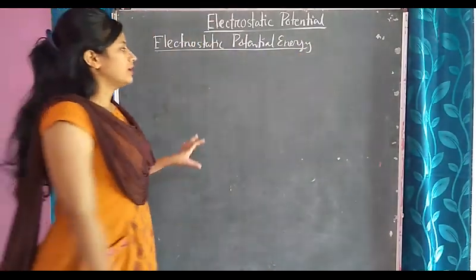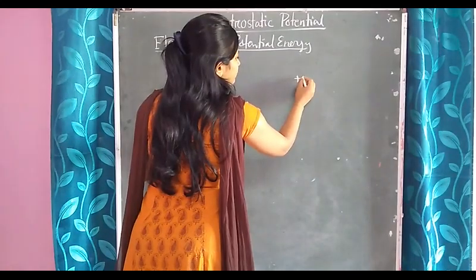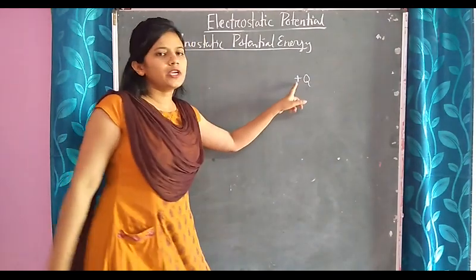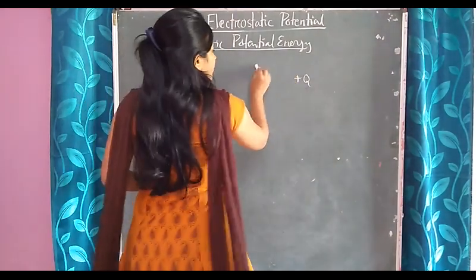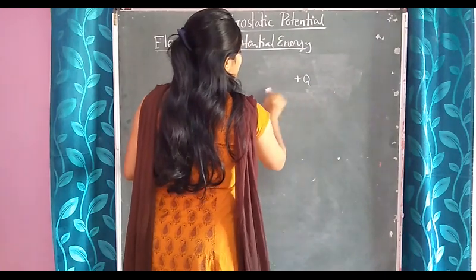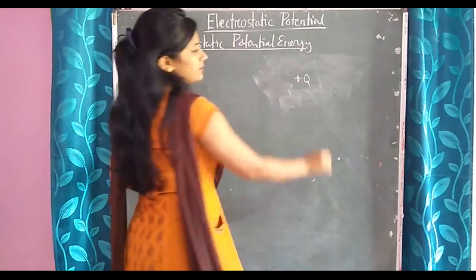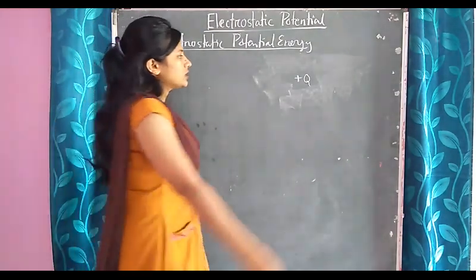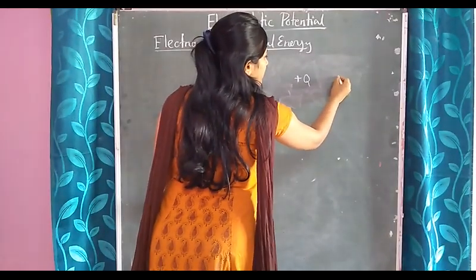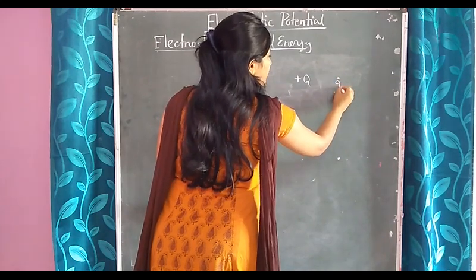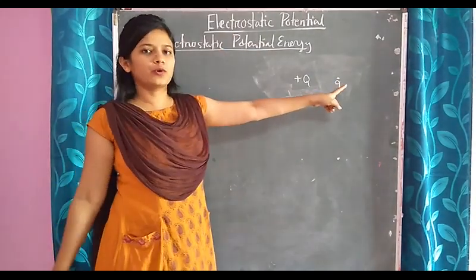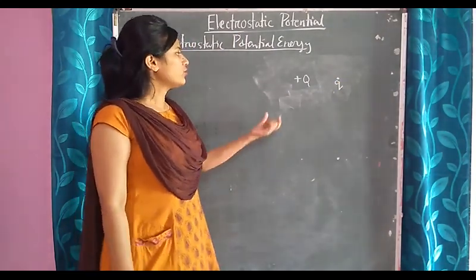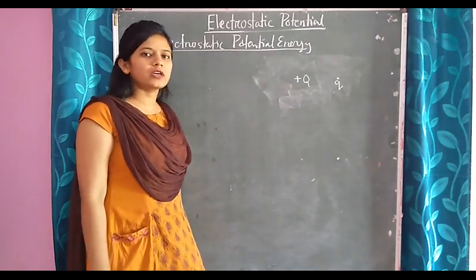Suppose there is a positive charge Q placed here. Due to this charge, we will have an electric field region here. If a charged particle is placed in this electric field region, then due to its position it will have some potential energy due to the interaction with the electric field.